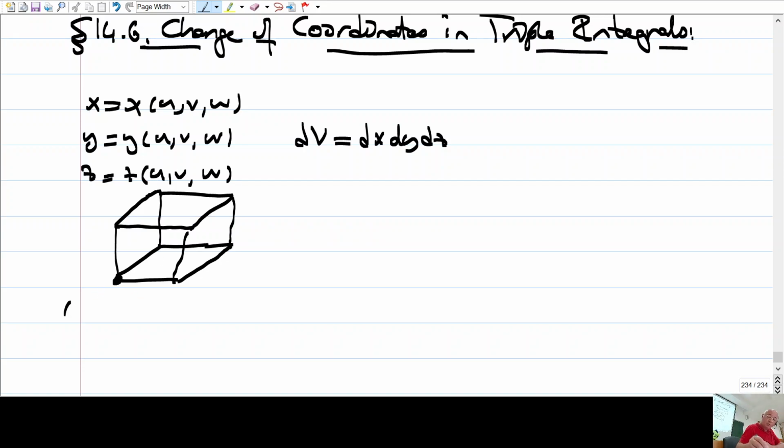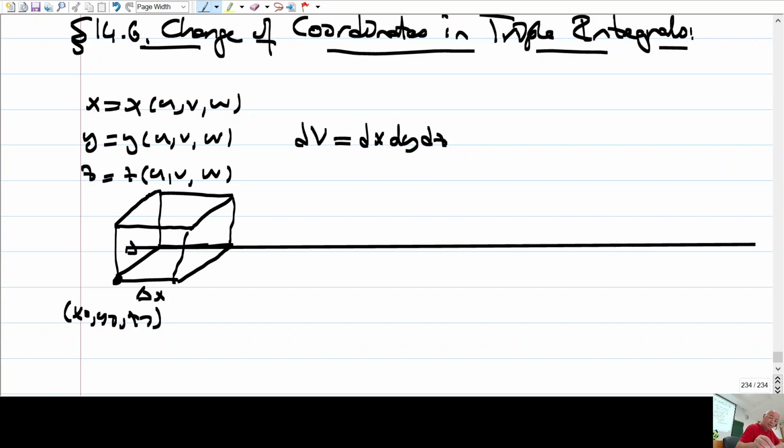So this is the point x0, y0, z0. I move a little bit in the x direction, a little bit in the y direction, and a little bit in the z direction.